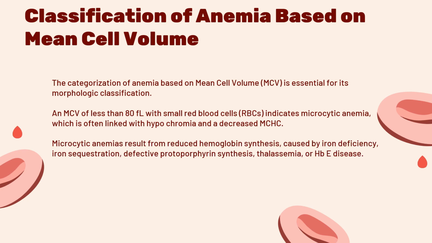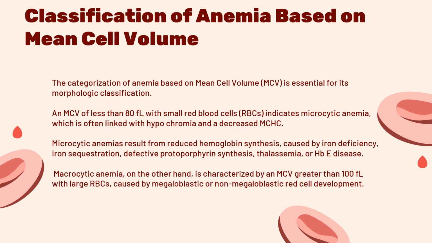Microcytic anemias result from reduced hemoglobin synthesis, caused by iron deficiency, iron sequestration, defective protoporphyrin synthesis, thalassemia, or hemoglobin E disease. Macrocytic anemia, on the other hand, is characterized by an MCV greater than 100 femtoliters with large RBCs, caused by megaloblastic or non-megaloblastic red cell development.